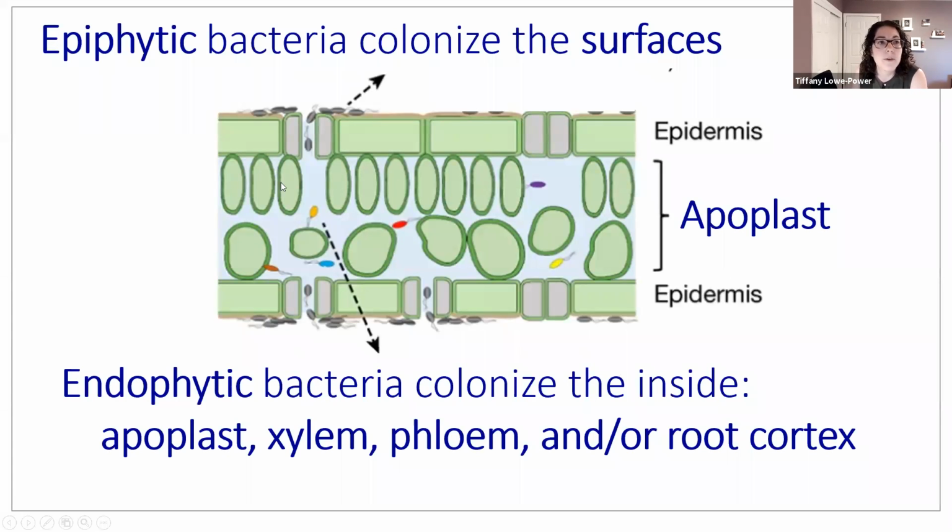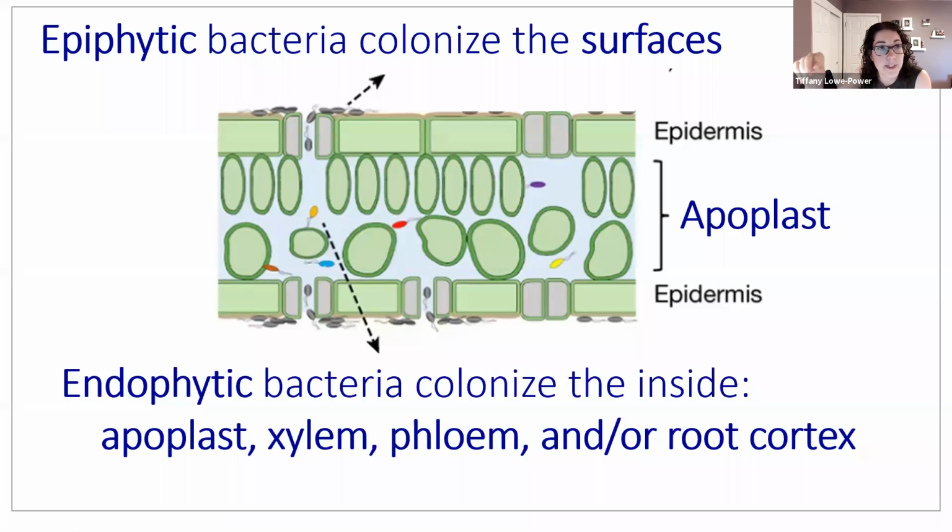Okay, so there's going to be a lot of location jargon in this lecture. Epiphytic is a term that refers to on the surface. Epi is similar to epidermis. Those are epidermal cells, the surface cells on the plant.